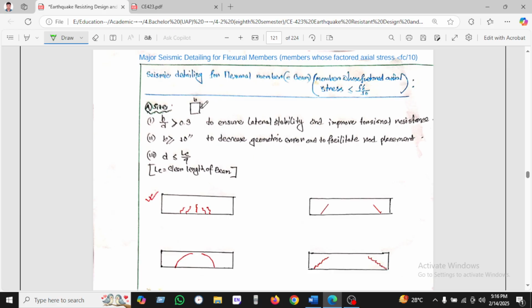Okay, size: we can see here size b divided by h is greater than 0.3 to ensure the lateral stability and improve torsional resistance, and b must be greater than 10 inches to decrease geometrical error and to facilitate rod placement. And d must be Lc divided by 4. Lc is the clear length of the beam.